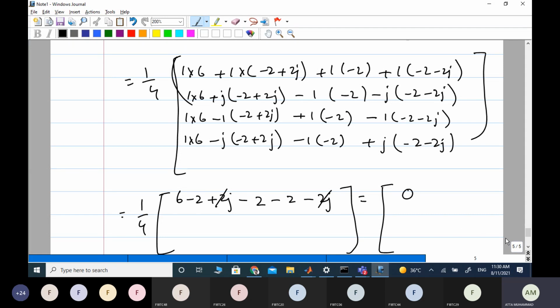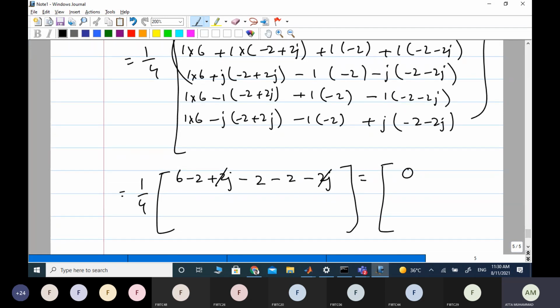Great, we are on the right track, I can sense it. Okay, so 6, now we have j here, so j times minus 2 is minus 2j, and j times plus 2j is plus 2j square. We have plus into minus minus, and minus into minus plus 2j, and plus into minus plus 2j square.